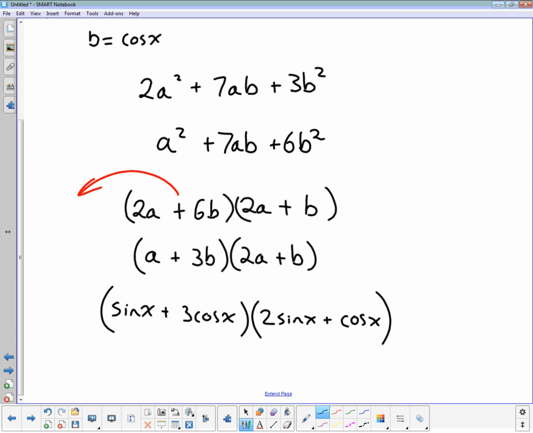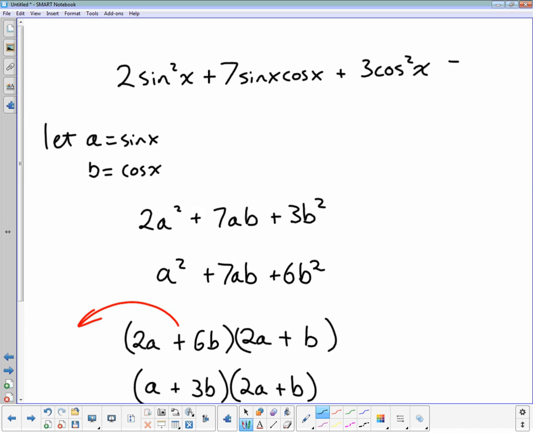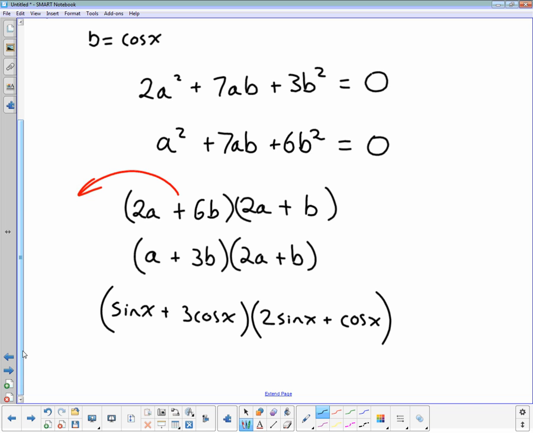Now, let's just say I took a problem like this and set it equal to 0. All right, let's take the same thing and set it equal to 0. Okay?